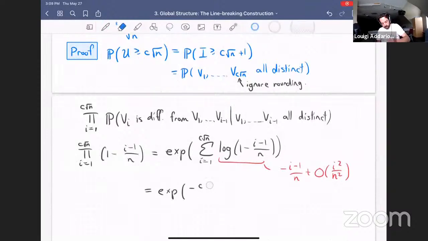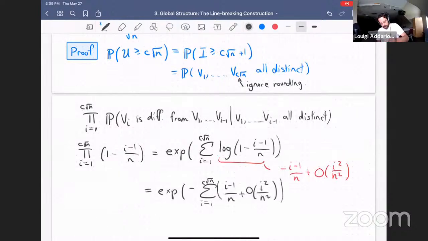Let me write that: that's the same as the sum i from 1 to c root n of i minus 1 over n plus order i squared over n squared. And now that gives me e to the minus c squared on 2 plus order i cubed on n to the half.